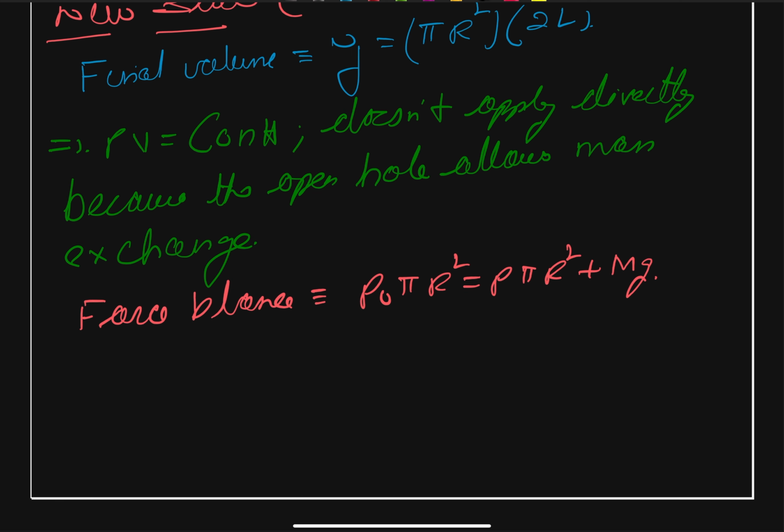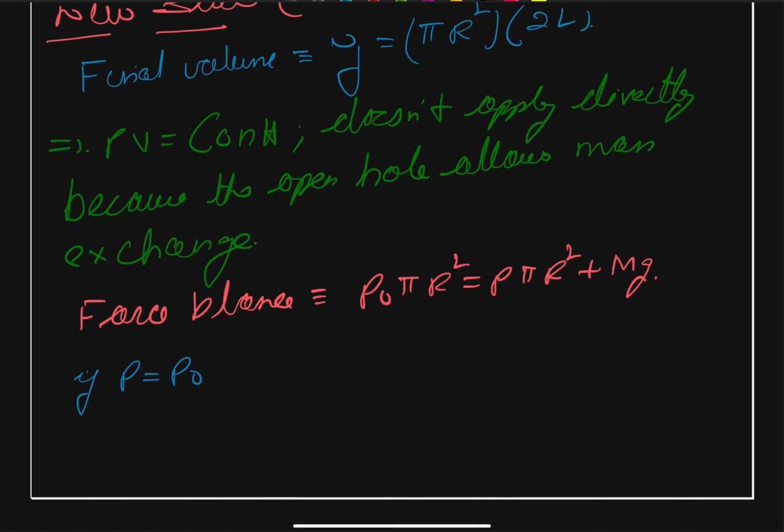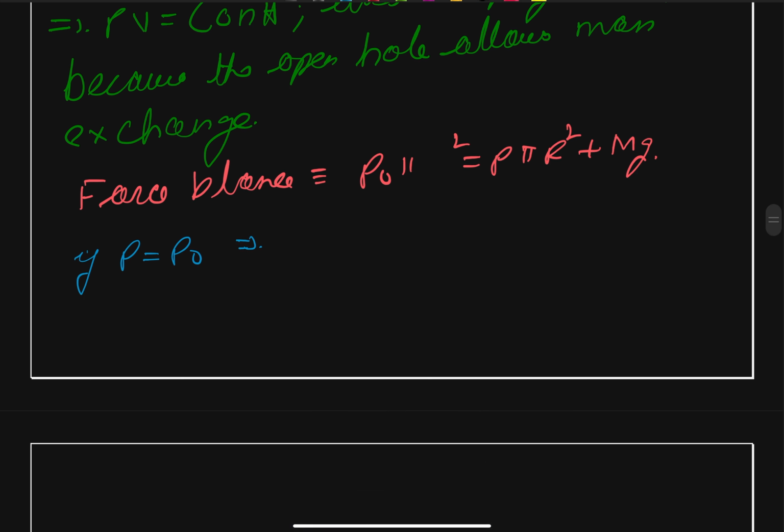And if our P is equal to P naught, then P naught pi r square is equal to P naught pi r square plus mg. Now if we solve this equation, it gives us that mg will be equal to 0.